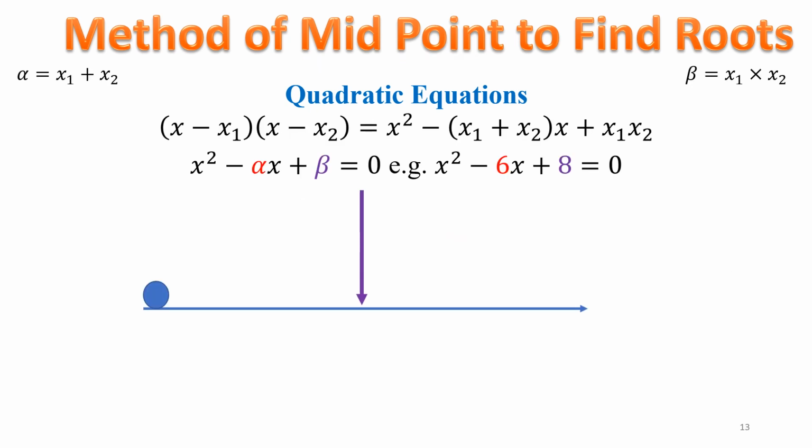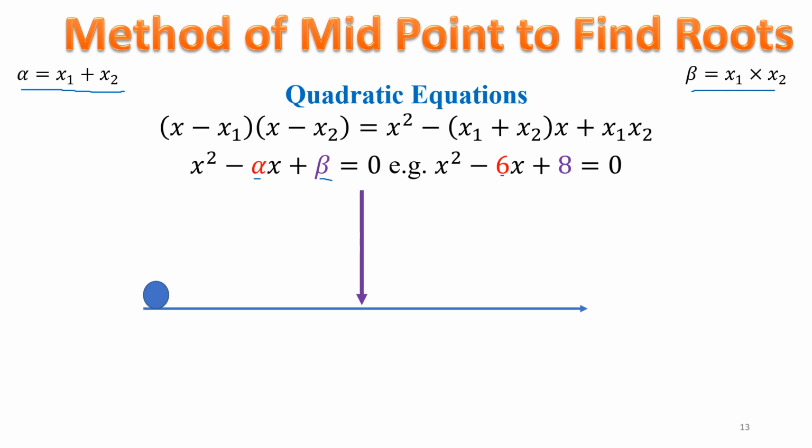Let us suppose that alpha and beta are known, and for reference I am using the example x squared minus 6x plus 8 equal to 0, so that alpha is 6 and beta is 8, where alpha is x1 plus x2, but I do not know x1 and x2, and beta is x1 into x2, I do not know x1 and x2. I am going to explore these formulas for finding x1 and x2.